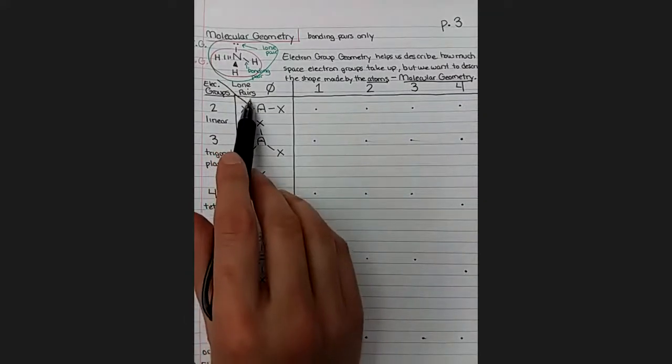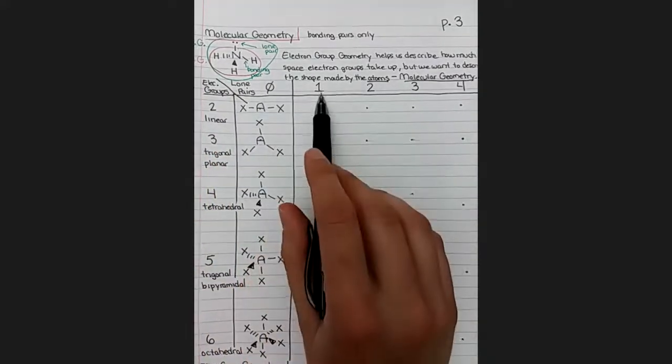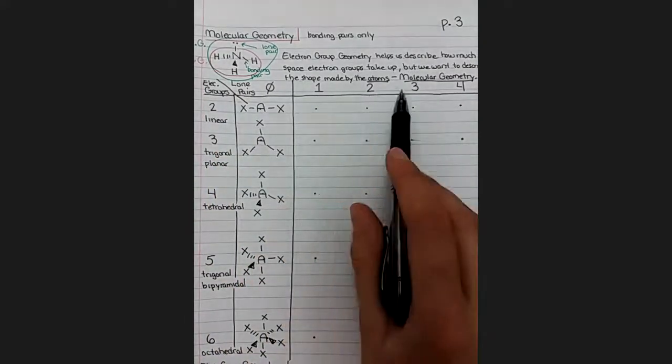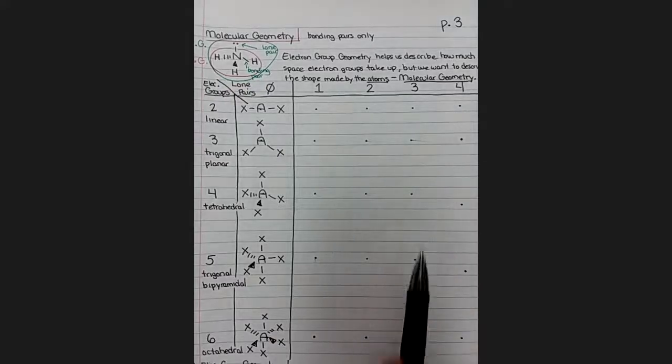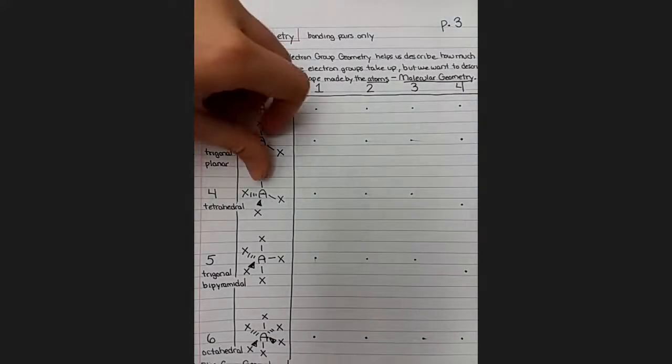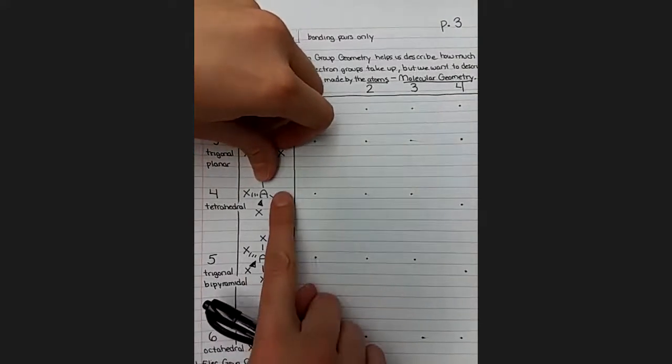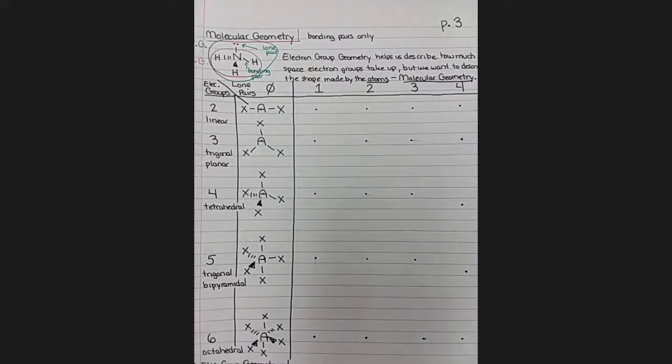And then we're going to describe the name of that shape when it has 1, 2, 3, or 4 lone pairs in it, because we're going to be naming what the structure looks like when we don't consider the lone pairs in the shape. So we're going to make a big table, and I'll show you what each of these look like as we move across.